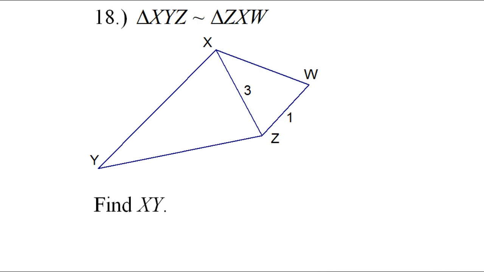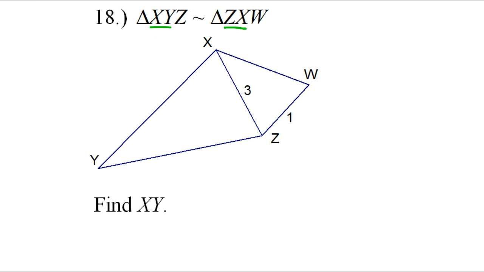Number 18. Triangle XYZ, okay, X to the Y to the Z, is similar to triangle ZXW. All right, so we have to be careful here to make sure that we are looking at corresponding sides accurately. So, for example, notice that they say XY. Okay, so here's XY, and that should be similar, or proportional to ZX.